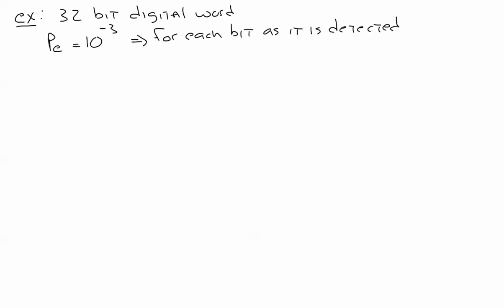In other words, as I'm detecting the individual bits in my digital words, each bit has a chance of 1 in 1,000 of being detected in error. Okay? And what I'm asking myself first is, what is the probability that when I detect 32 bits in a row, exactly 1 is in error?